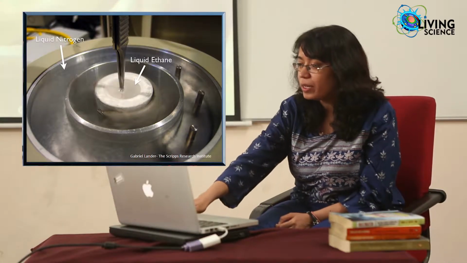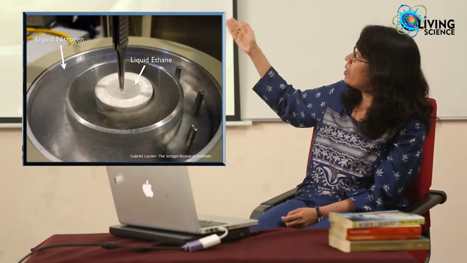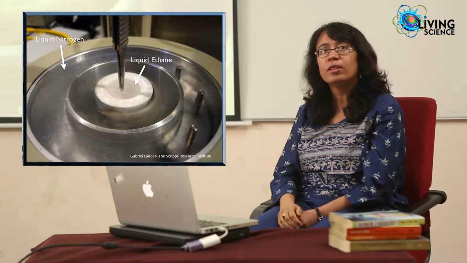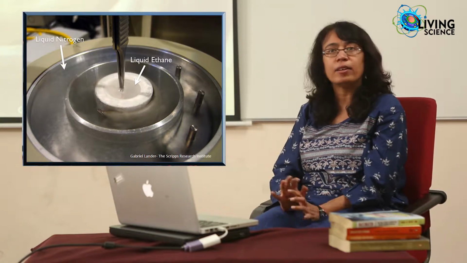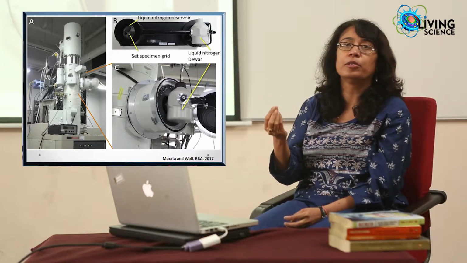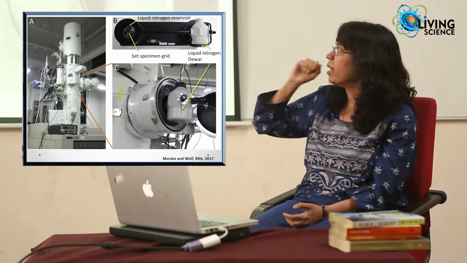And the sample is then quickly dropped in liquid ethane, which is being cooled by liquid nitrogen, at a very low temperature, minus 190 degrees, and quick cooling is the key to this. And this results in the formation of the vitrified sample, which is then put inside the electron microscope.